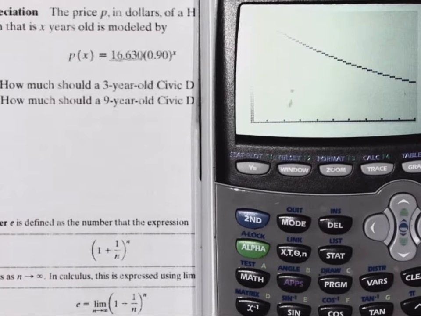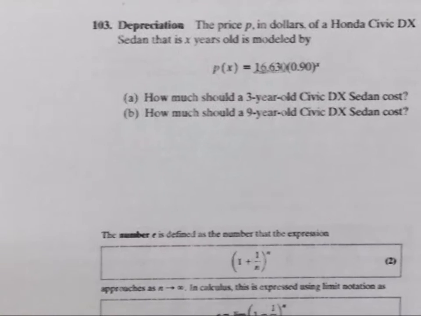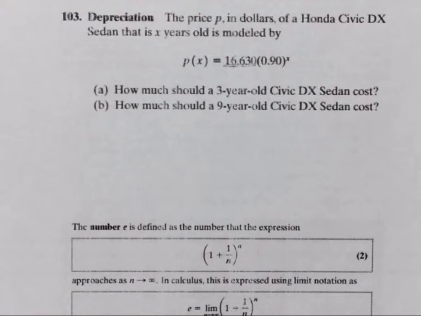So fitting the window manually here isn't too difficult, but you can see that curve, the exponential decay curve. So it's decreasing at a pretty good clip there. All right. And so to answer the questions here, it says, how much should a 3-year-old Civic sedan cost?